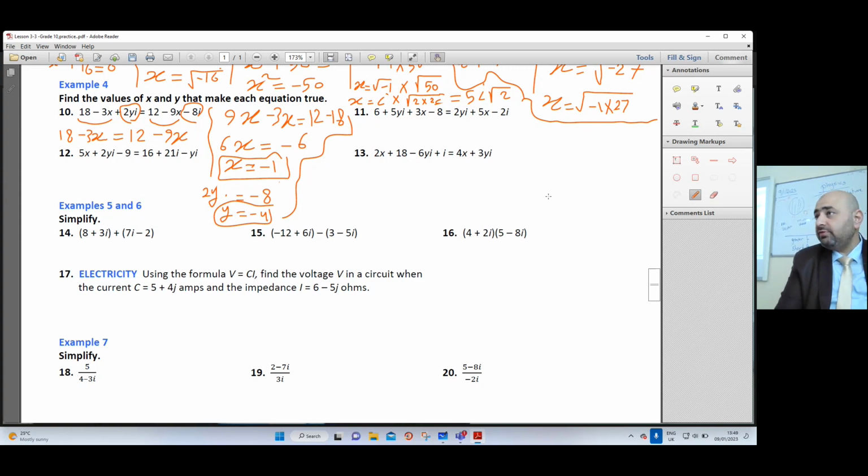So what do I do to know the value of x here and the value of y? First, we get 18 minus 3x, then plus 12 minus 9x. Okay, take the real number from the first side, 6 and 3x minus 8.